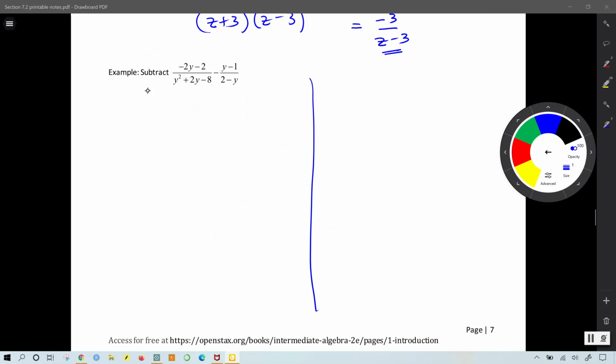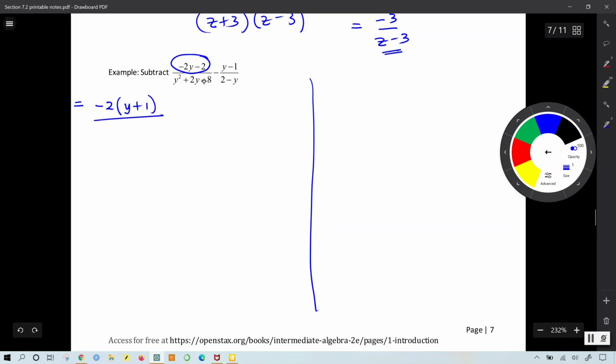Now we go on to the next question, in which case this numerator can be factored into negative 2 times y plus 1, divided by the denominator here, which can also be factored into y minus 2 and y plus 4, minus y minus 1 all over 2 minus y. It is time to observe the denominators. You have y minus 2 here. You have 2 minus y here.